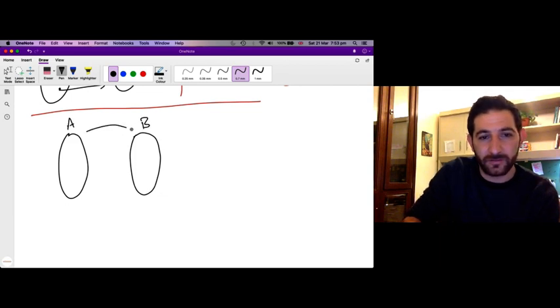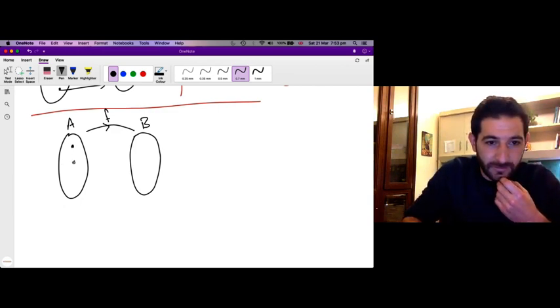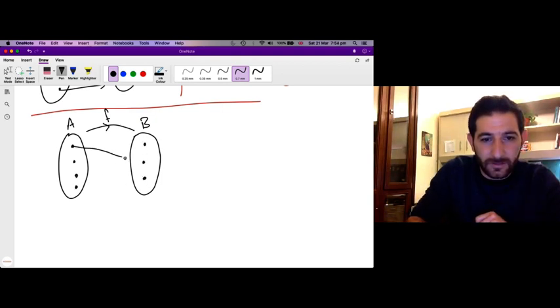So imagine we have a function f from A to B and we have elements here and elements here. Okay, so say this has this image, this has this image, this has this image, and say this has this image, and maybe B has more elements.